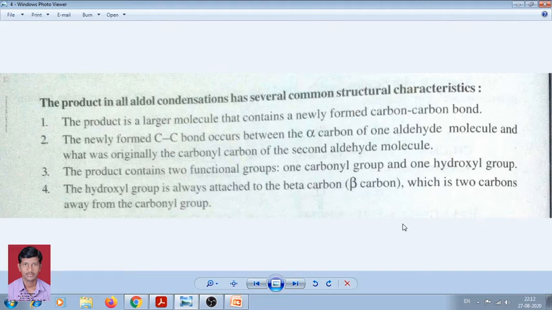What are these? The product is a larger molecule that contains a newly formed carbon-carbon bond.